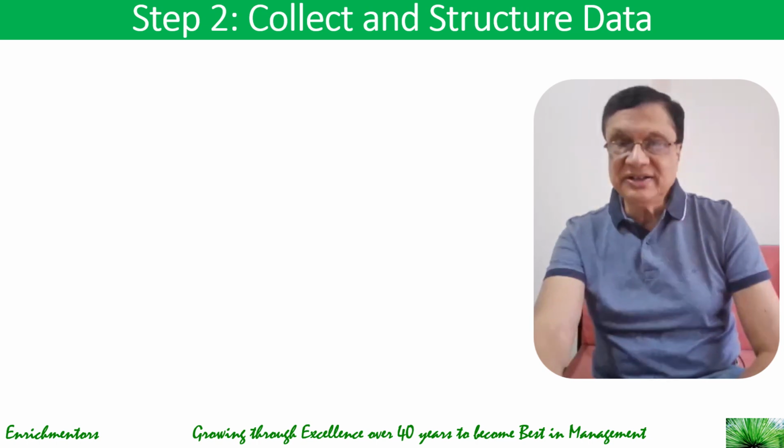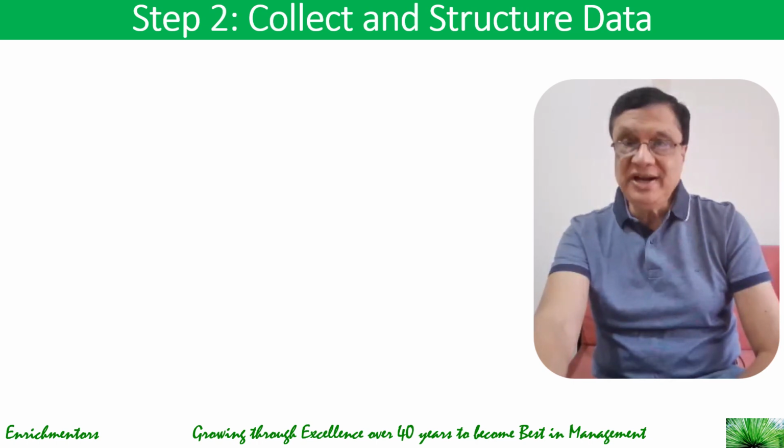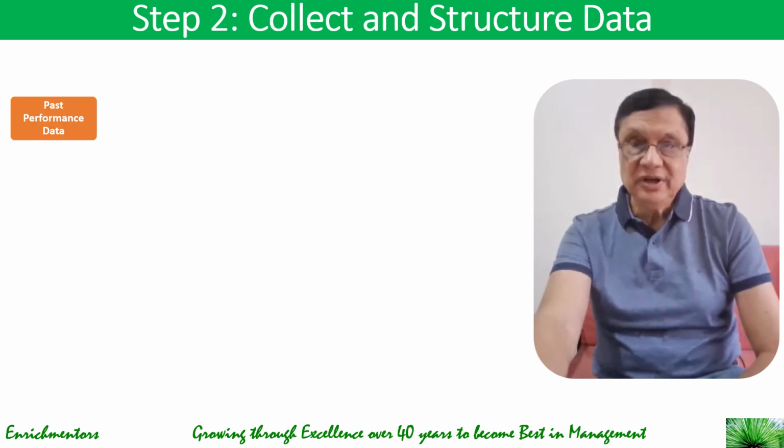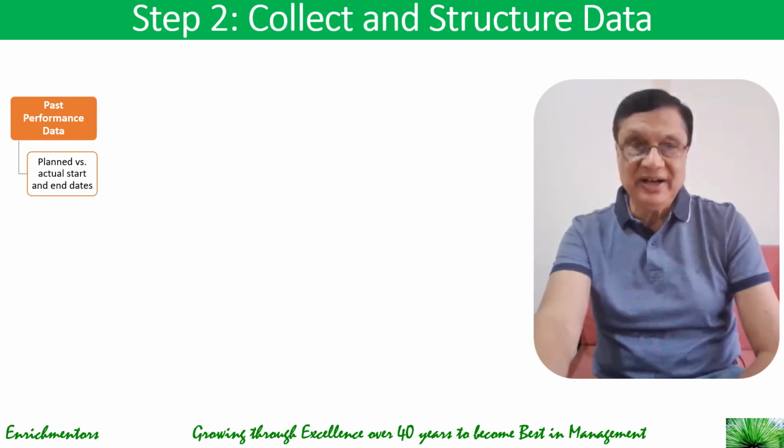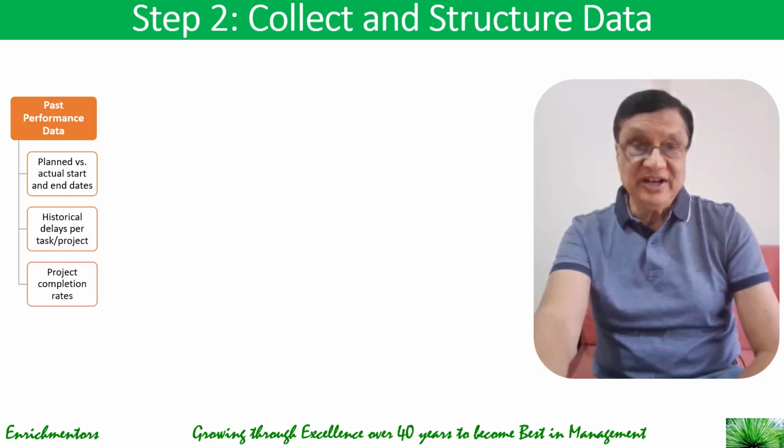Then you need to collect and structure data. You need a historical data set of past projects, and your key variables could be past performance data that will include things like planned versus actual start and end dates, historical delays per task and project, and project completion rates.